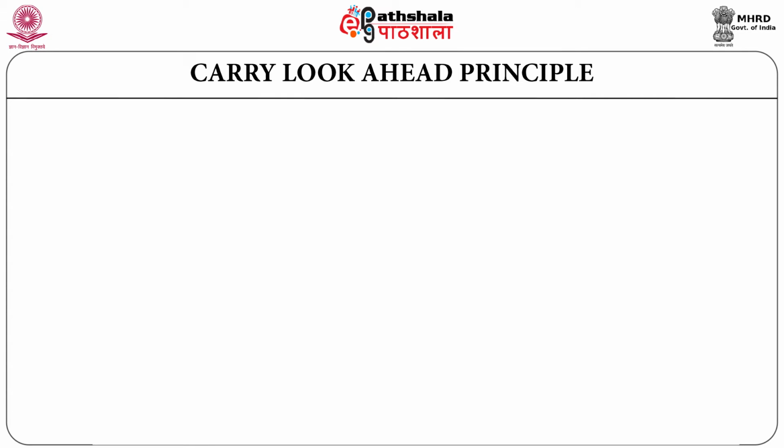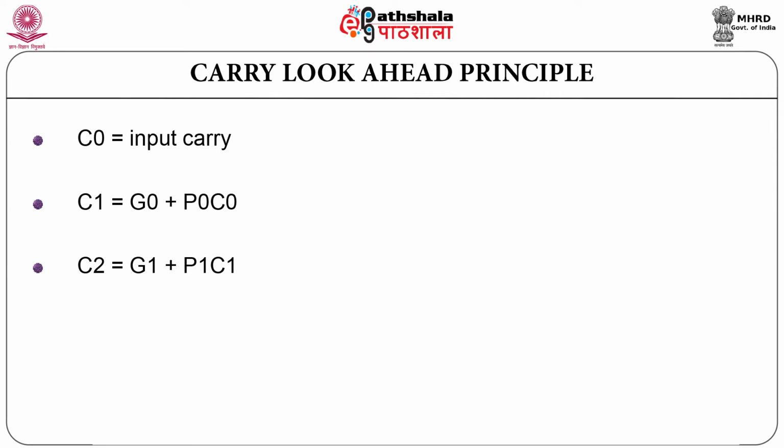If you use these expressions for carries, we can obtain them in detail. C0 is the input carry, most of the time it will be 0. C1 is equal to G0 plus P0 C0. C2 is equal to G1 plus P1 C1.